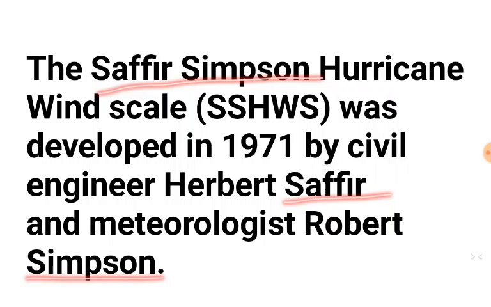Each name comes from their names because all credit goes to them for making it. With the abbreviation, you may not see the full name Saffir-Simpson hurricane wind scale. You may just see Saffir-Simpson scale, or hurricane wind scale. It is the same thing. So anytime you hear anything about hurricanes and wind scales, you know that we're talking about the Saffir-Simpson hurricane wind scale. So now, let us see more about it.